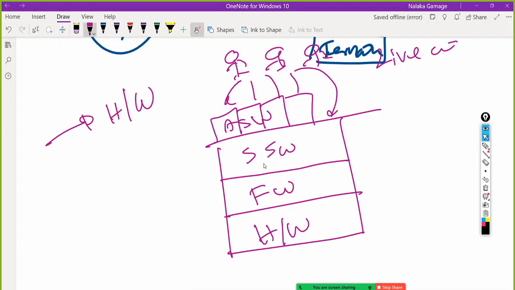Then you have the system software and the application software. System software is pretty much the operating system and other system utilities. Application software includes the order processing system, inventory management system, billing system if it is office, or for personal use maybe WhatsApp, Viber, your browsers, etc.